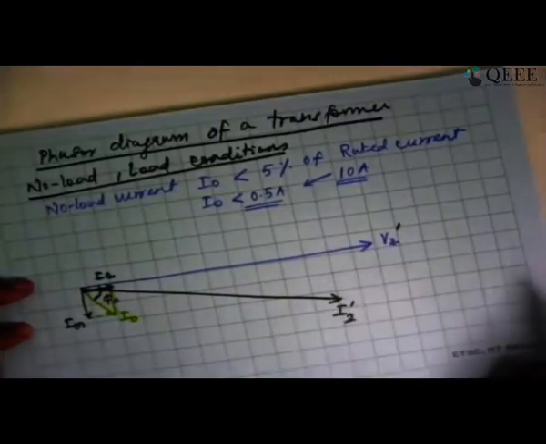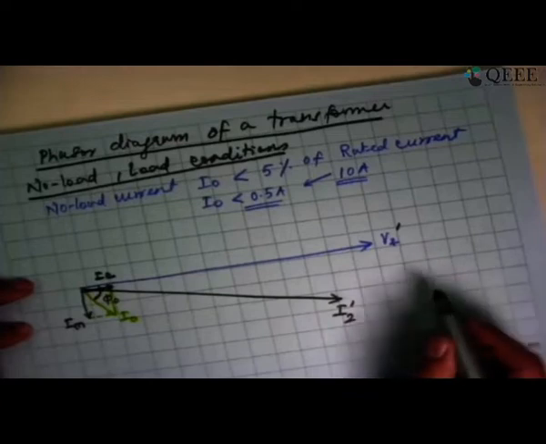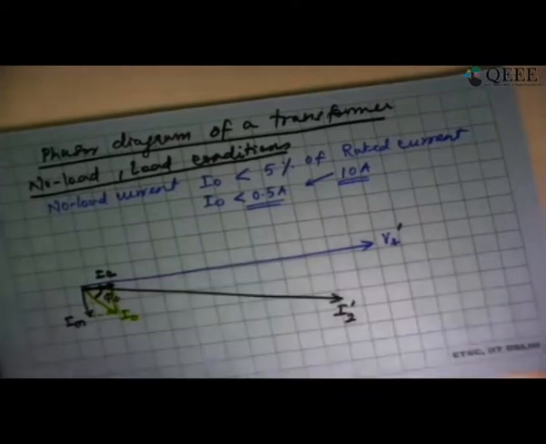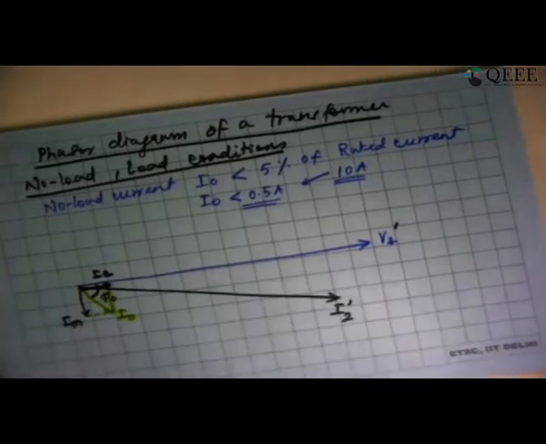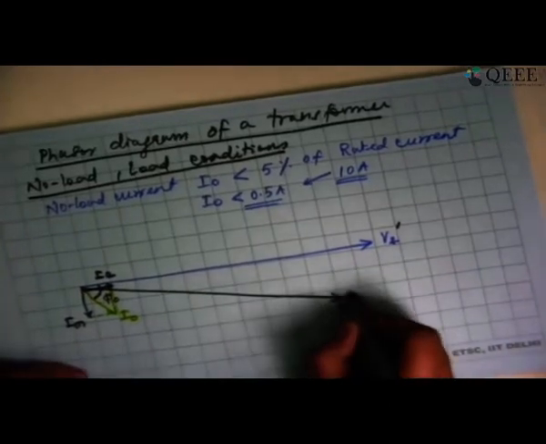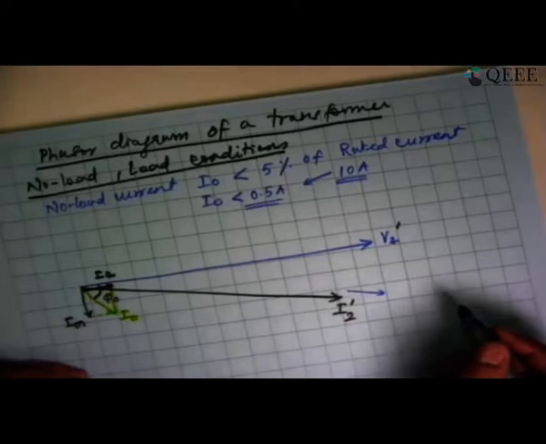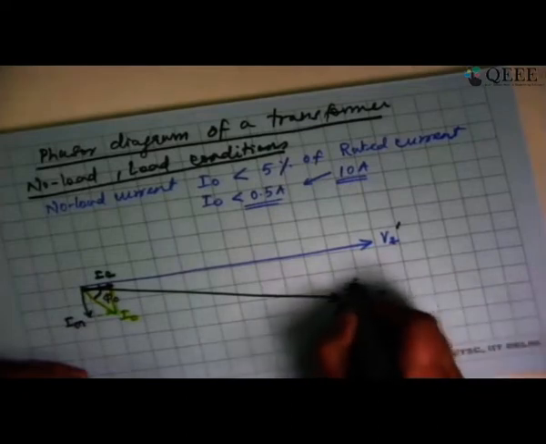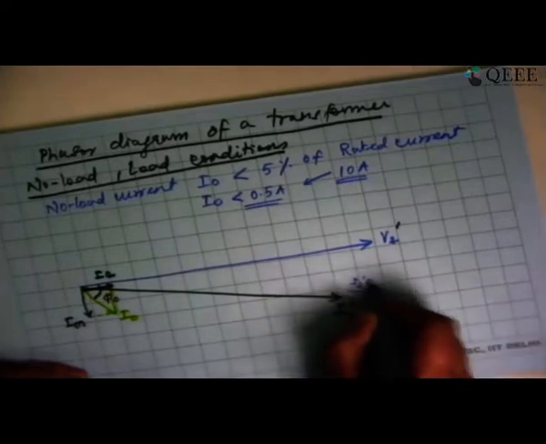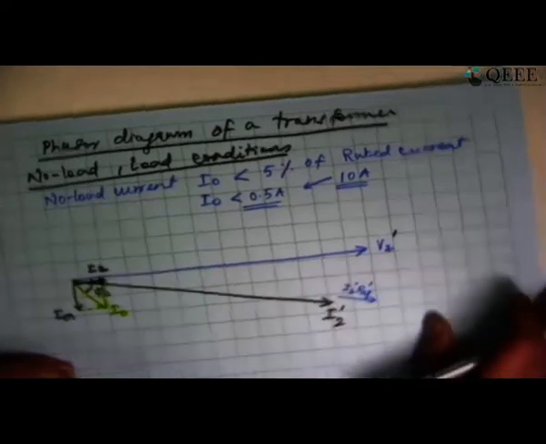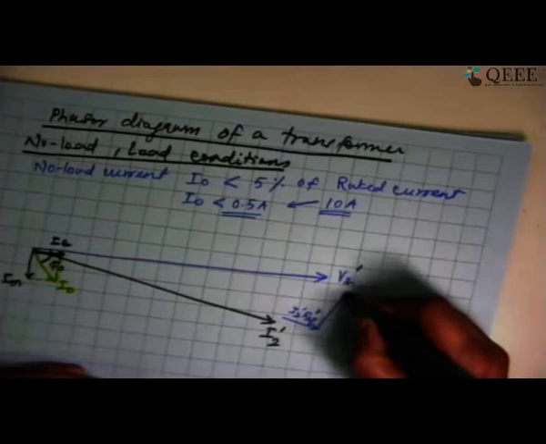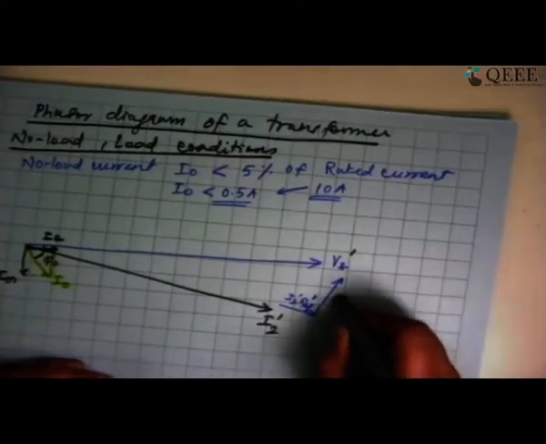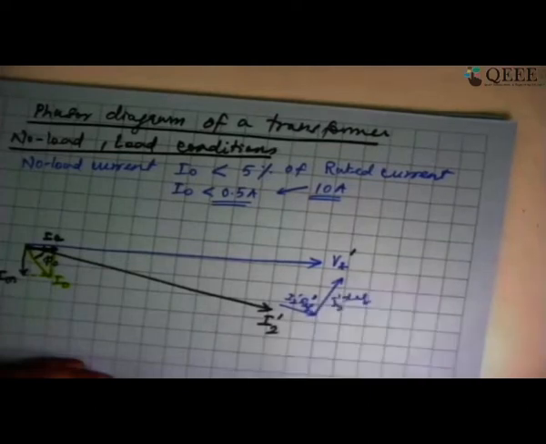If this is I2 dash, I am definitely going to have, first of all, I2 R2, which will be in phase with I2 as the voltage drop. So this is I2 dash R equivalent dash. And then I am going to have perpendicular to that I2 dash X equivalent.